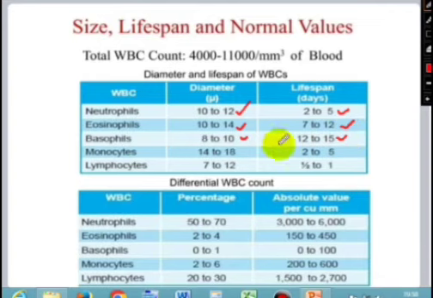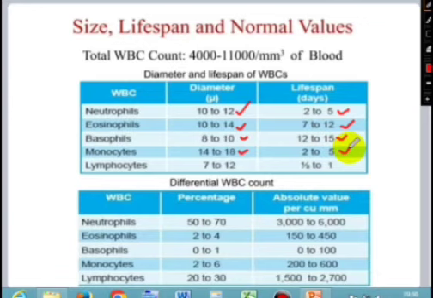Monocytes happen to be the cells with the largest size. So they have a diameter of 14 to 8 microns and a lifespan of 2 to 5 days.